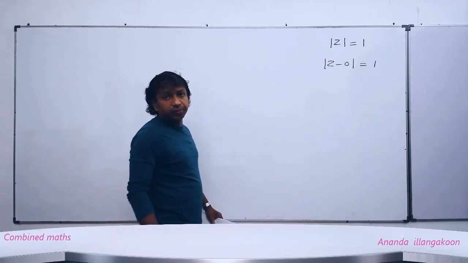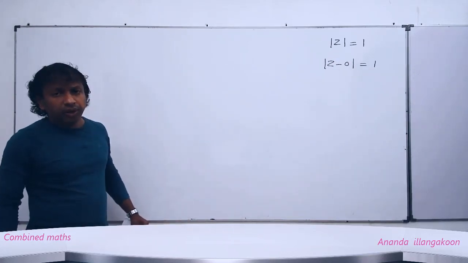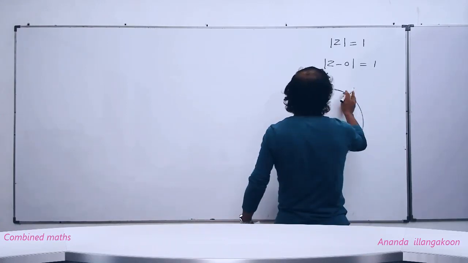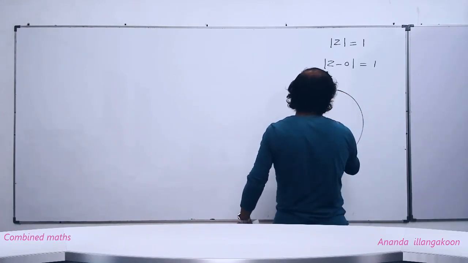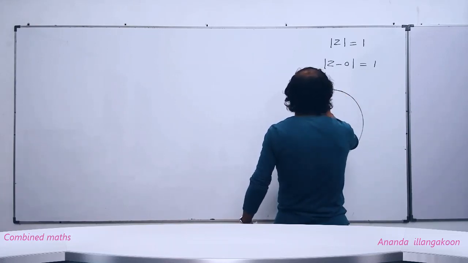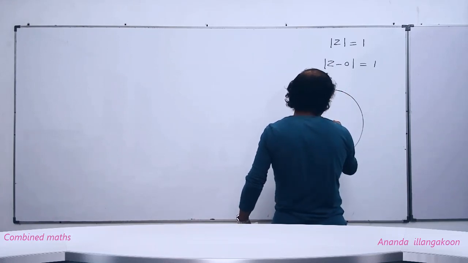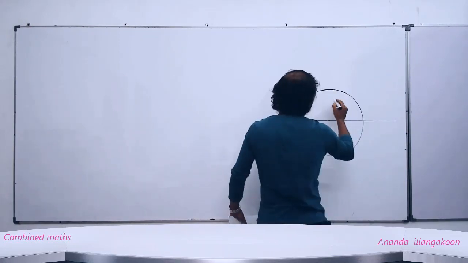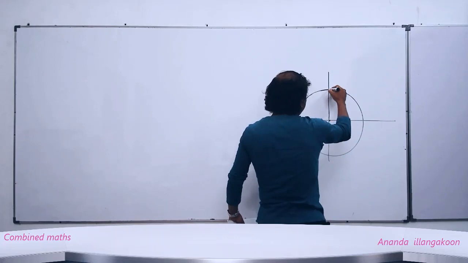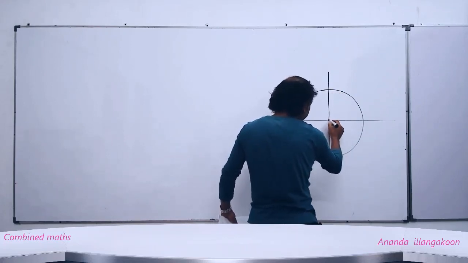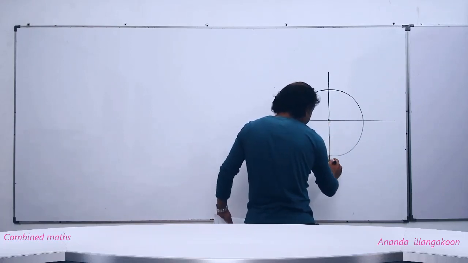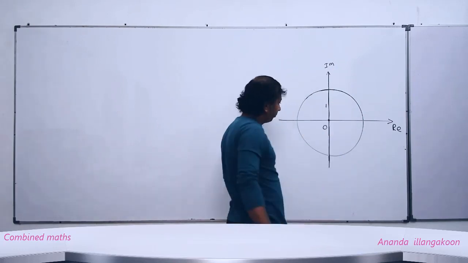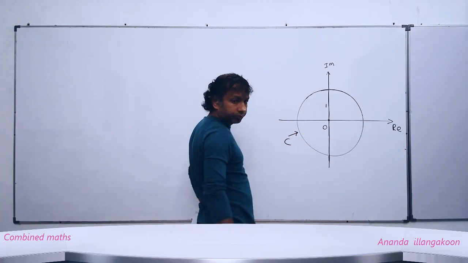This is a circle with center at the origin and radius 1 on the Argand plane. This one is the C.